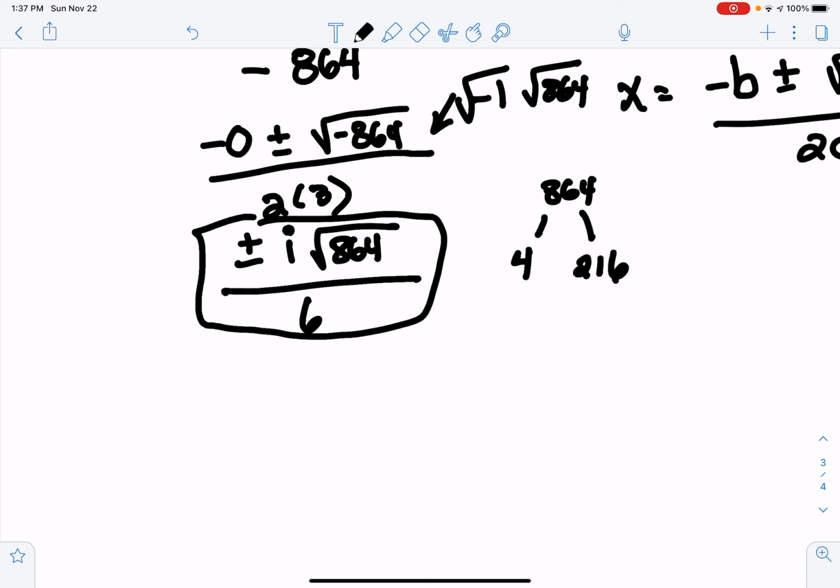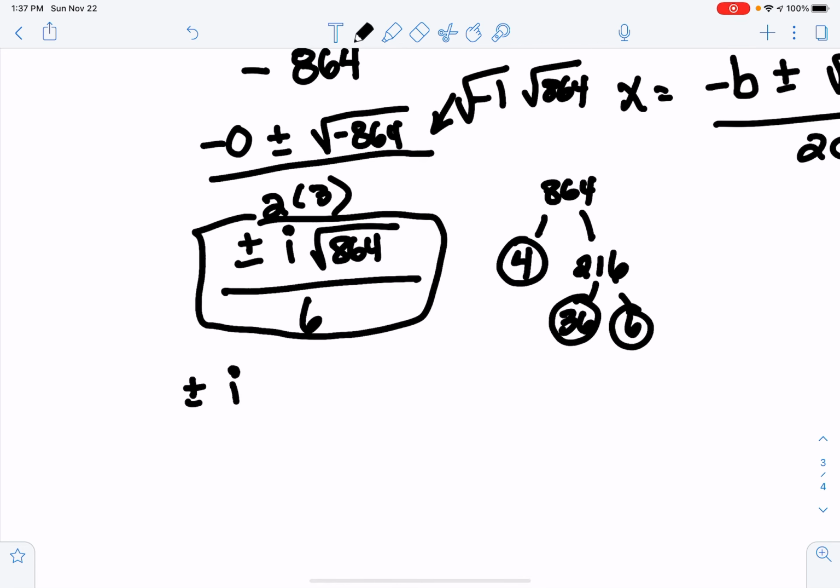I know 216 can break down farther, and it's a perfect square of 36 times a not perfect square of 6. So I'm going to rewrite my 864. I'm going to leave my i, and then multiply it by the square root of 4, the square root of 36, and the square root of 6.